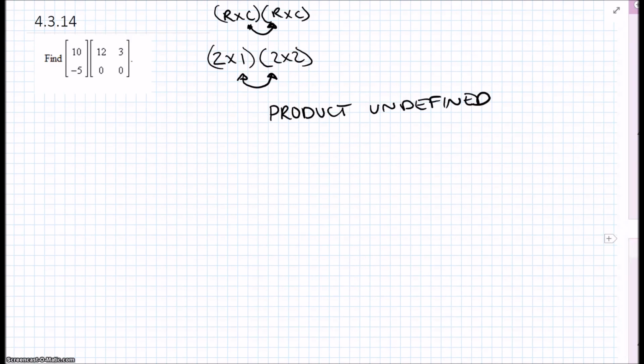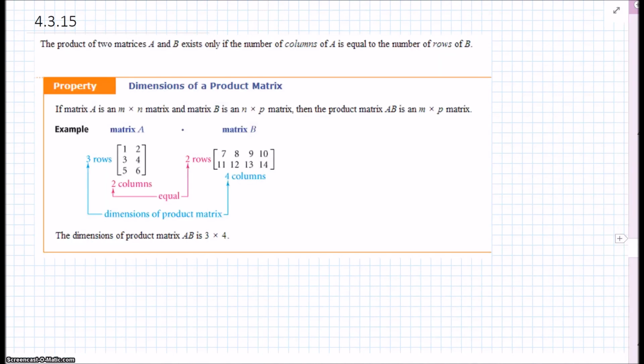Okay, next example. And this is just talking to us about what we just talked about with the dimensions. The product of two matrices A and B exists only if the number of columns in the first one is equal to the number of rows in the second one. So the property is this: if matrix A is an m by n matrix and matrix B is an n by p matrix, then the product of the matrix AB is an m by p matrix.